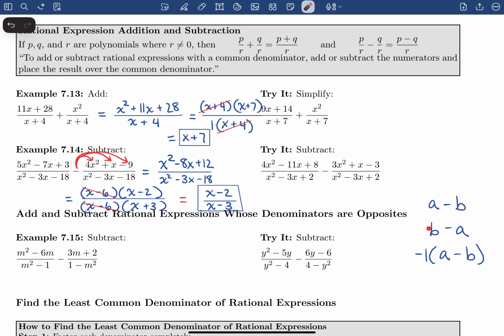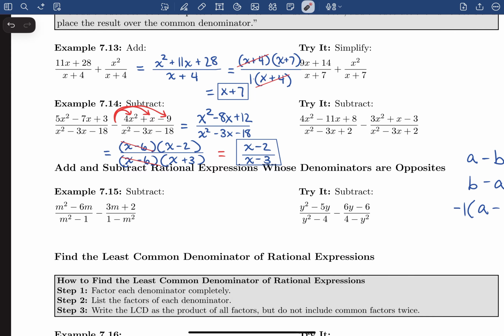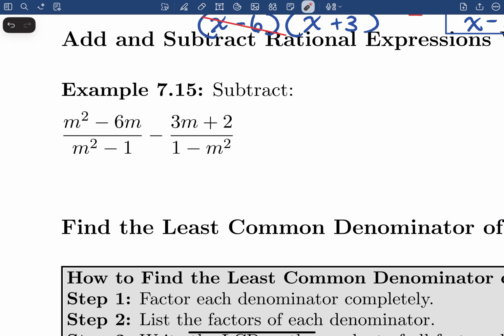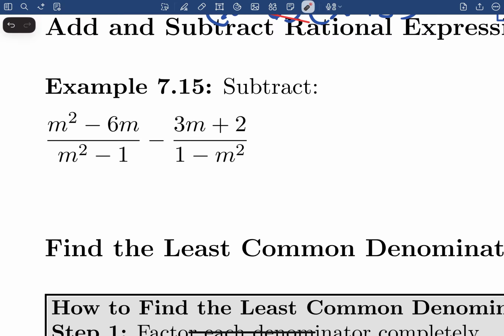So if I factor a negative 1 out of b minus a, then inside it switches the terms and I have a minus b, so it looks exactly like this. And that's really useful, and that helps us to get a common denominator. Great, so let's look at example 7.15, and you'll see what I do.